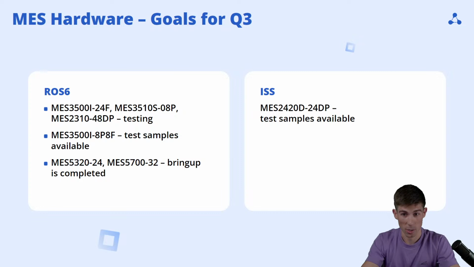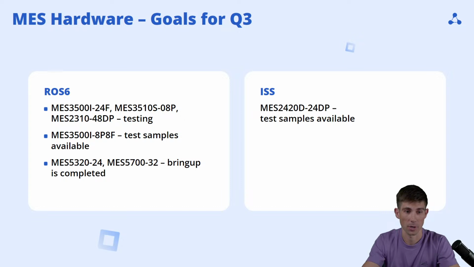As for hardware for the third quarter, there are a few pieces of equipment we are planning on testing. I already mentioned the industrial switches of the 35 series, and there is also MES 2310 48DP. It's a PoE switch of the 23rd series of ROS 6 in the testing stage.